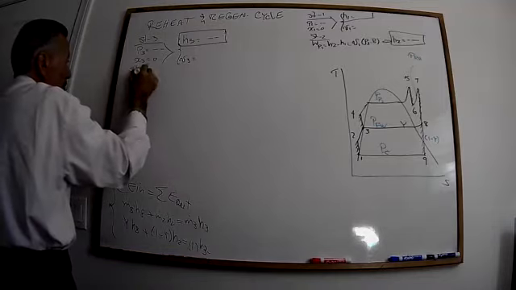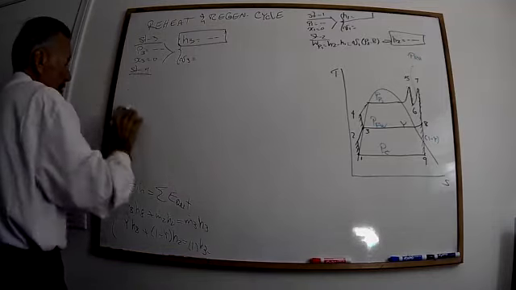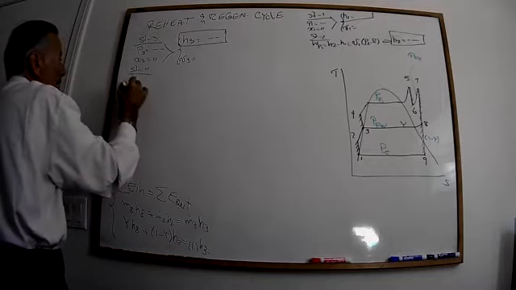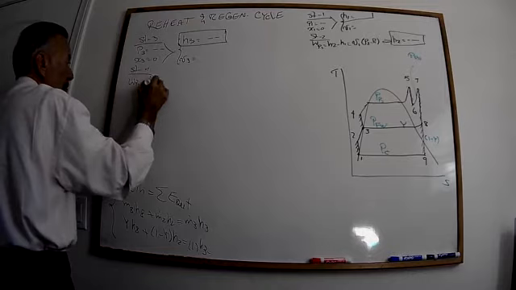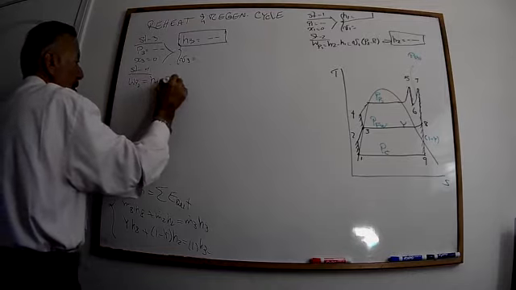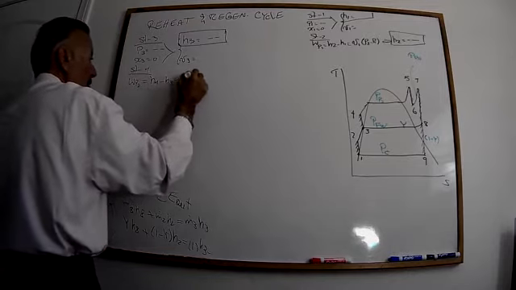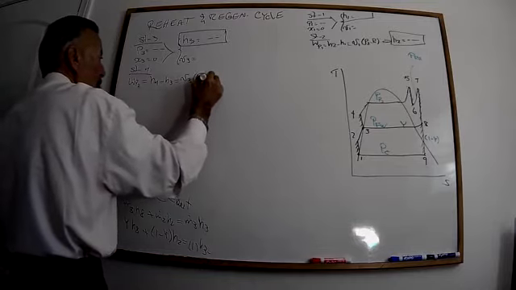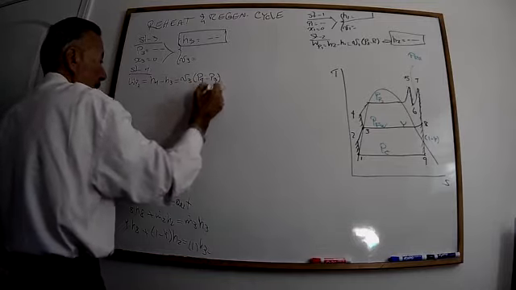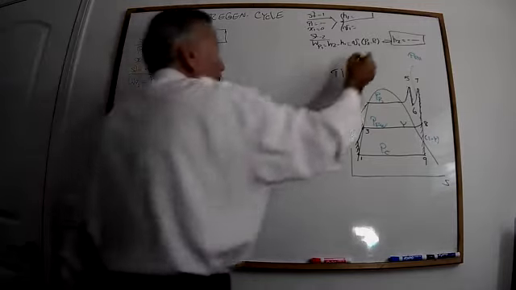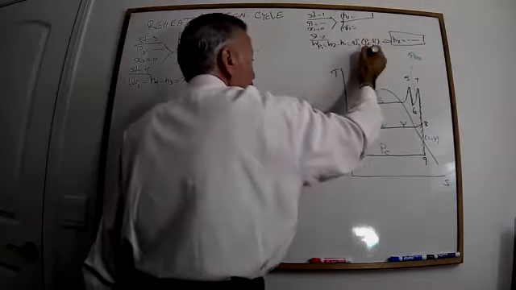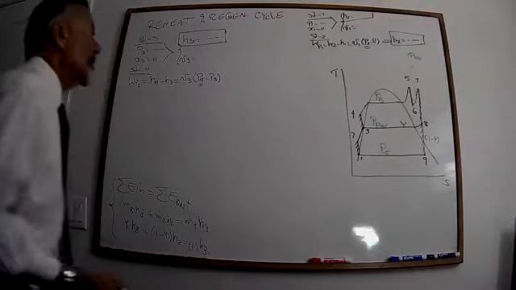At state 4, which is a repetition of state 2, we have work over pump 2, which is equal to H4 minus H3, and that is equal to V3 times P4 minus P3. Once again, pay attention to the value of P4 the same way you pay attention to the value of P2.